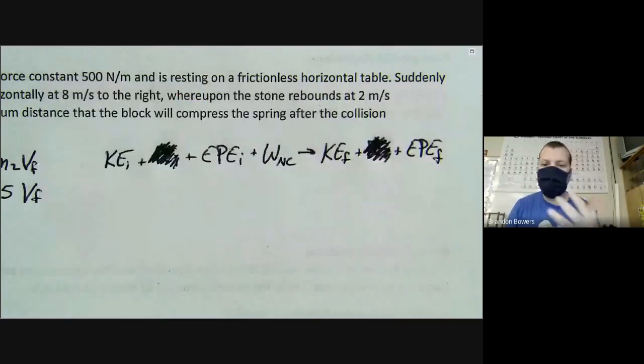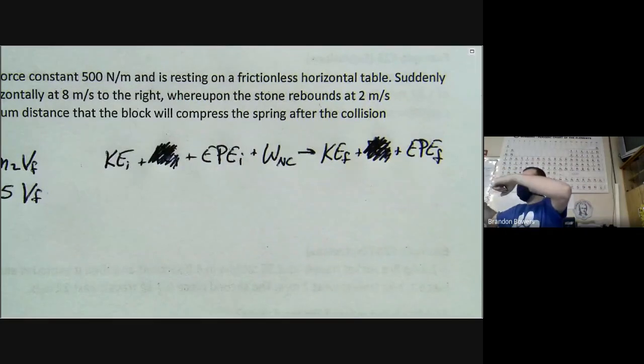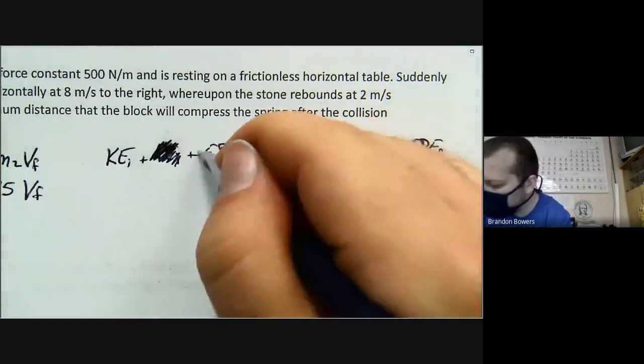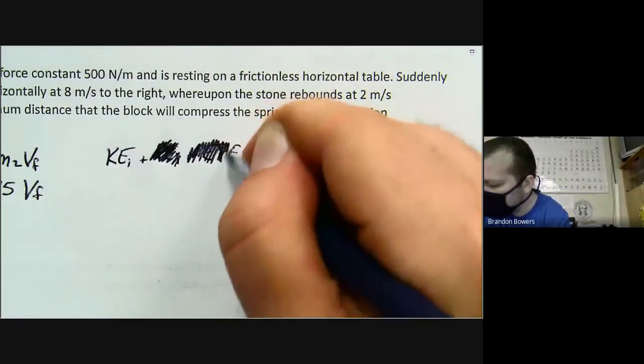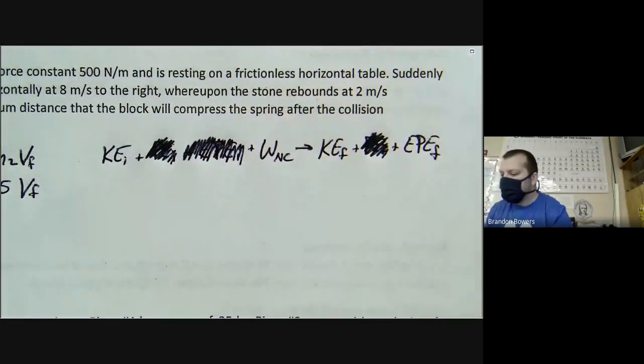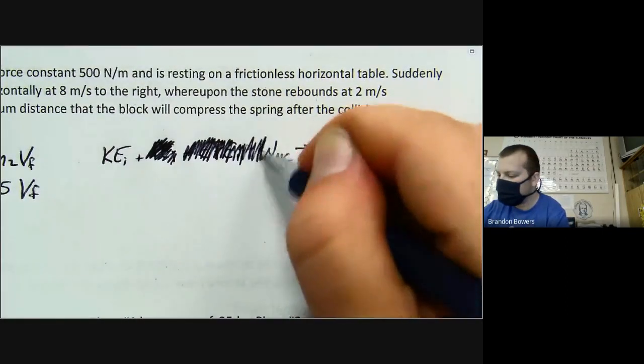Before the ball hits the spring, what's the elastic potential energy? Zero. Let's get rid of that. It is frictionless. What's that mean? I like this a lot better.